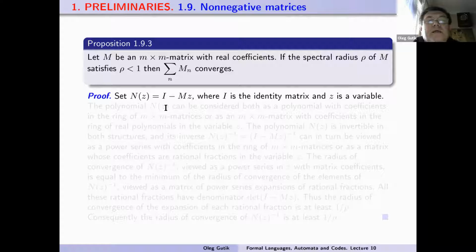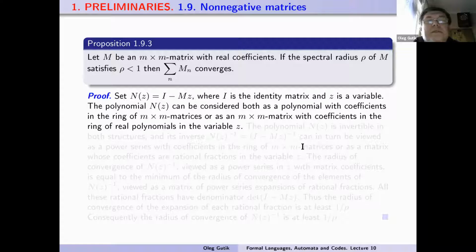Proof: we put N(z) equal to the identity matrix I minus the matrix M multiplied by z, where I is the identity matrix and z is a variable. The polynomial N(z) can be considered both as a polynomial with coefficients in the ring of m times m matrices, or as an m times m matrix with coefficients in the ring of real polynomials in the variable z.